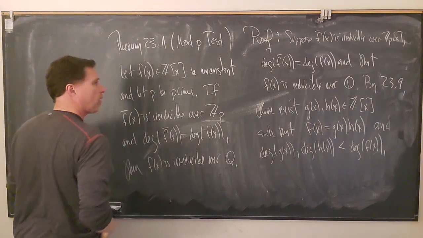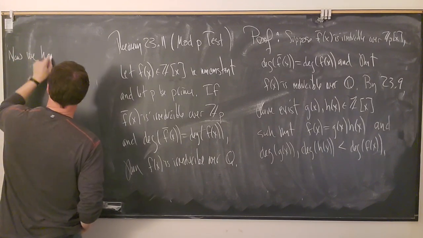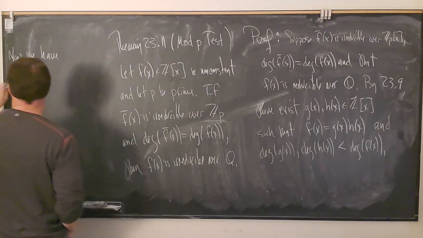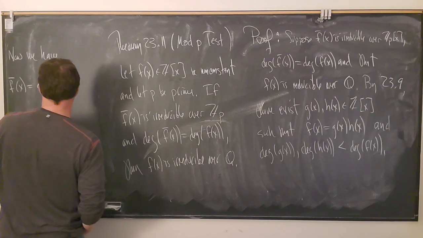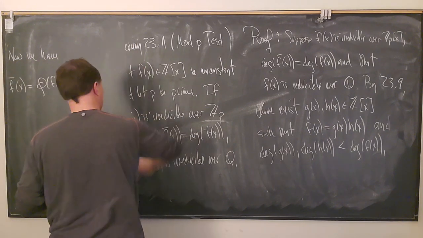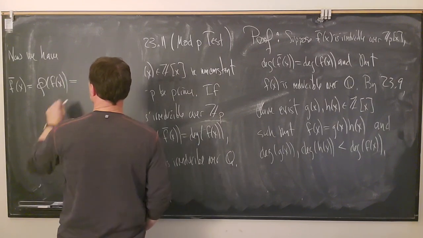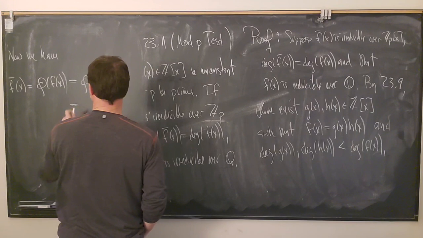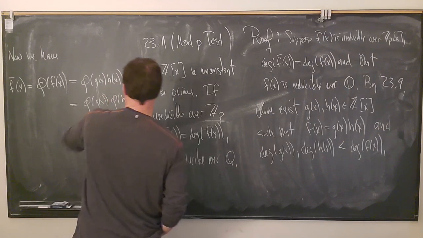Okay, so now what do we have? We've got f bar of x is equal to phi of f of x, which is equal to phi of g of x times h of x, which is equal to, because we've got a homomorphism, phi of g of x times phi of h of x.